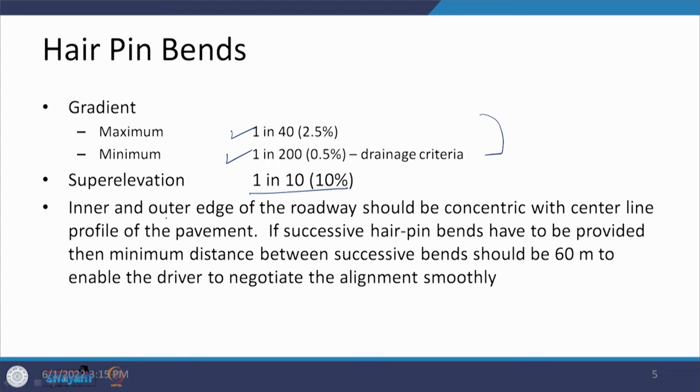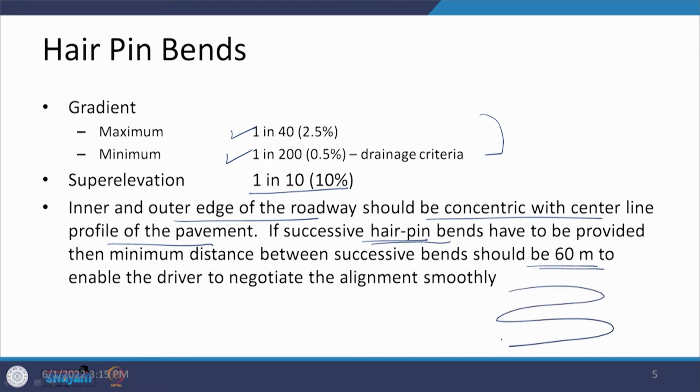The inner and outer edge of the roadway should be concentric with the center line profile of the pavement, and if there are successive hairpin bends, and they cannot be omitted, there should be a distance of at least 60 meters between the two bends, so that the drivers who are negotiating the curves one by one like this have sufficient time to recoup from the first maneuver and then move into the next maneuver.